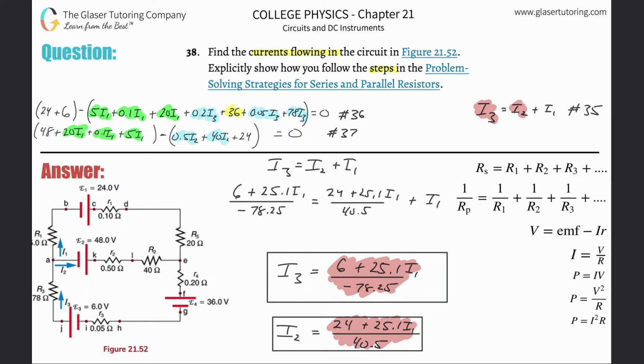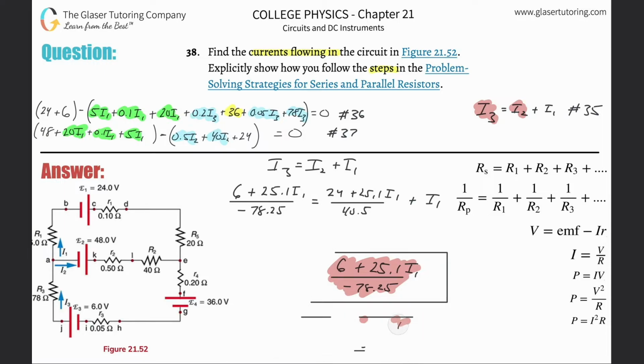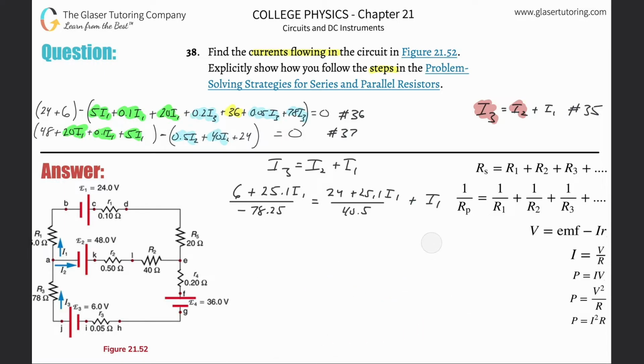All right. So everything looks fine. And now all we got to do, we got one equation with one unknown that is solvable. And actually maybe we'll remember that this is equal to I3 and this is equal to I2 because we might need it later on. So now we just have to do a little math.